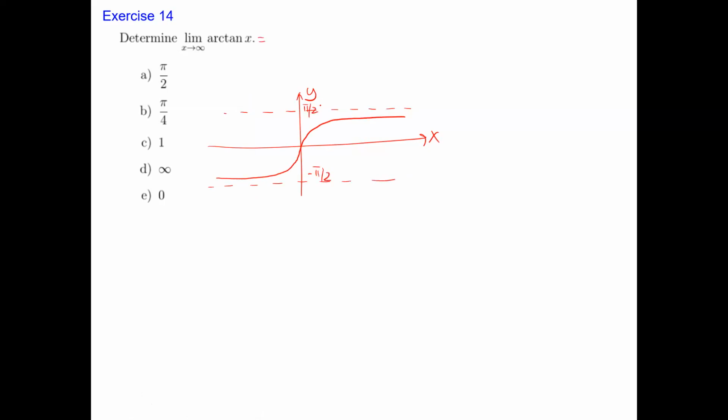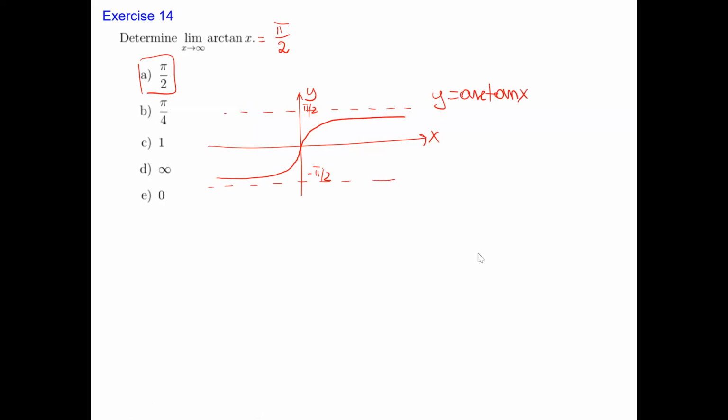That means at positive infinity, arctangent goes to pi over 2. At negative infinity, negative pi over 2. That means it's so helpful. This is arctangent of x.